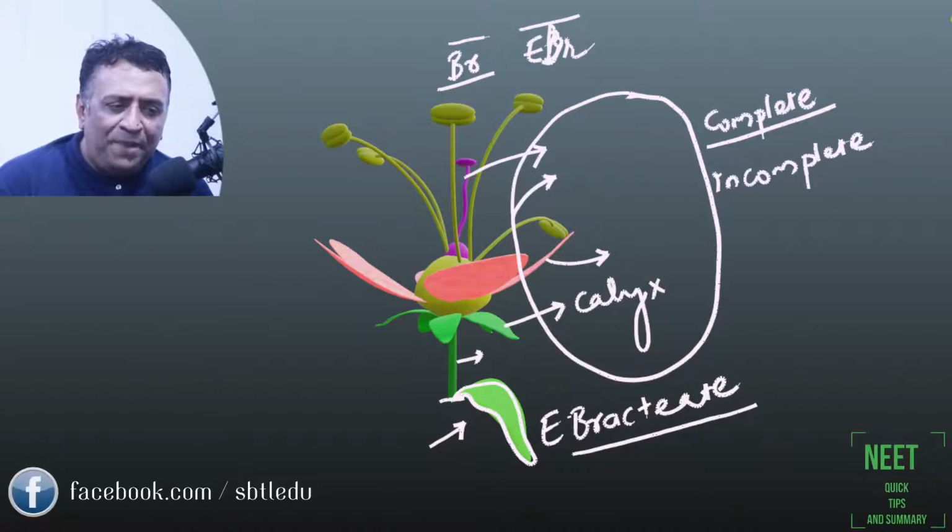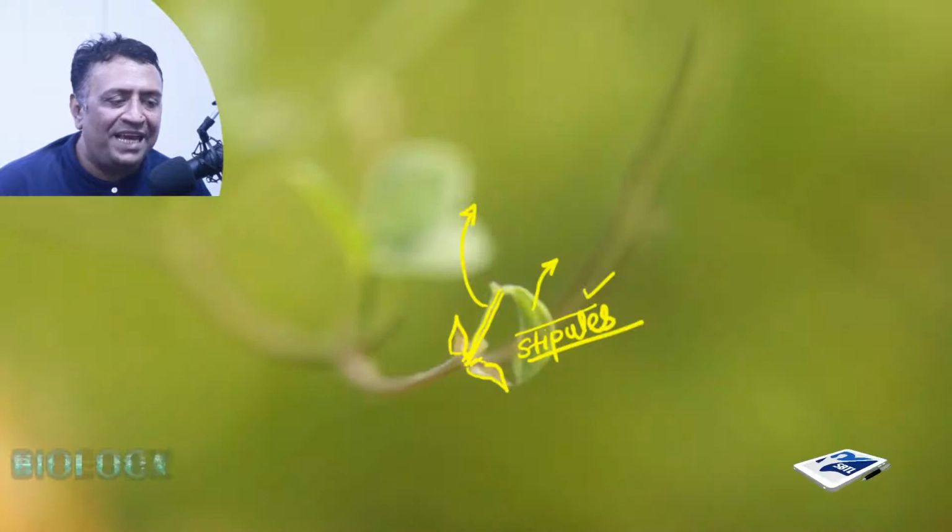At the base of the flower, there is a leafy appendage called bract, while at the base of the leaf, there are leafy appendages called stipules. Fine. So let's continue our discussions of bract once again.